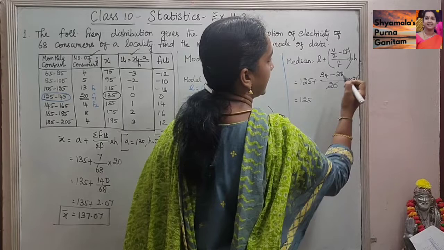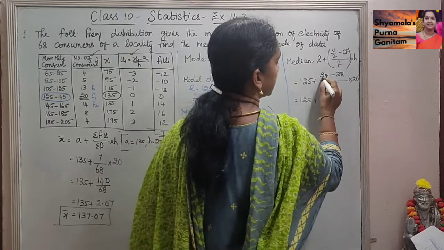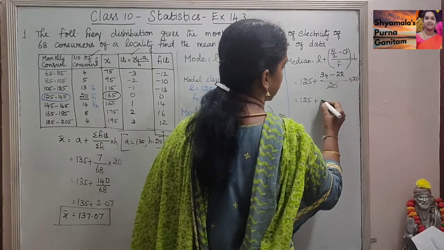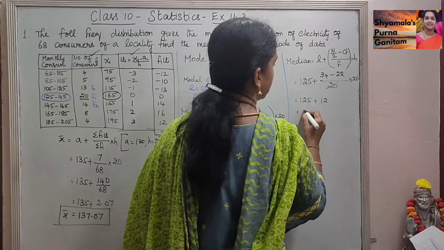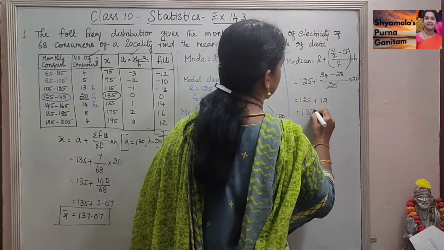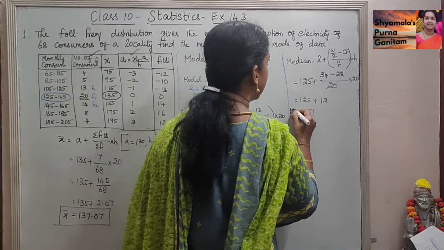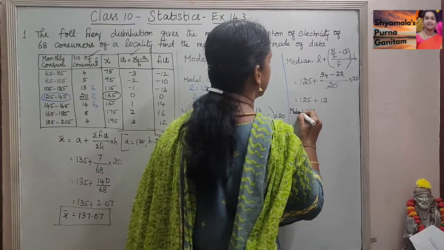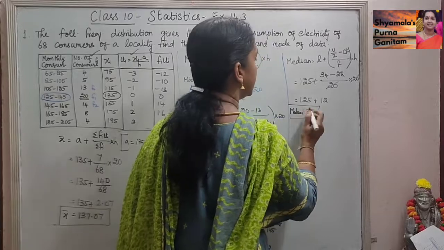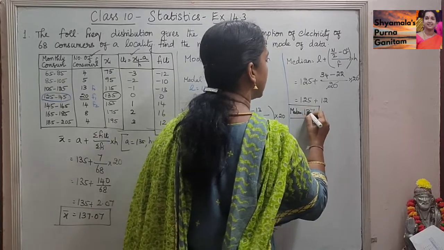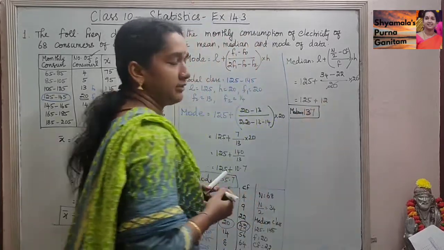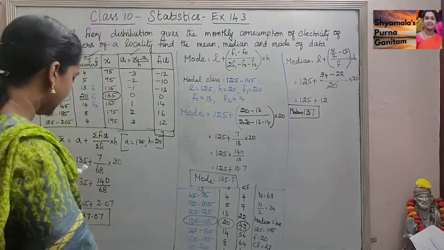So this 20 will get cancelled here. Plus 34 minus 22 is 12. So this is equal to 137. So 137 is the median for the given information. Median is 137.